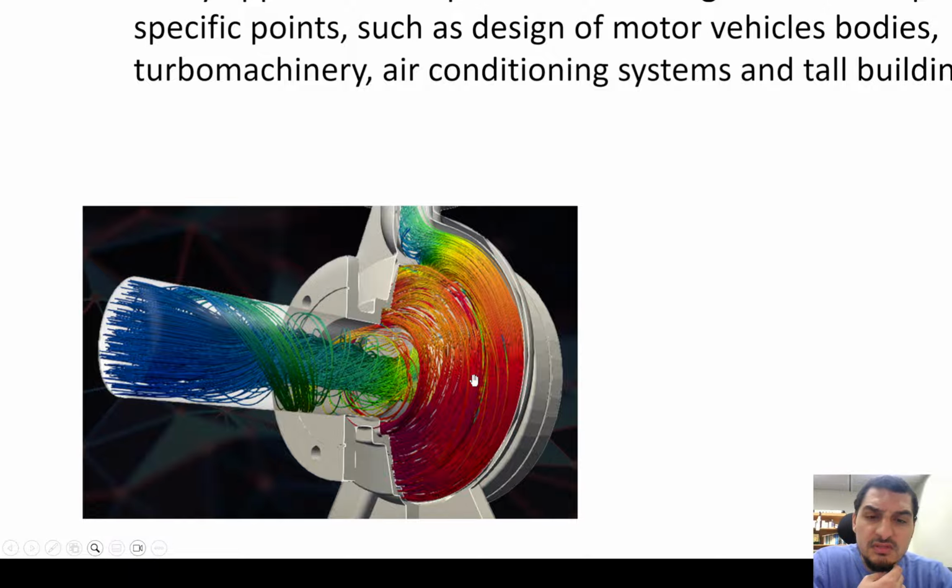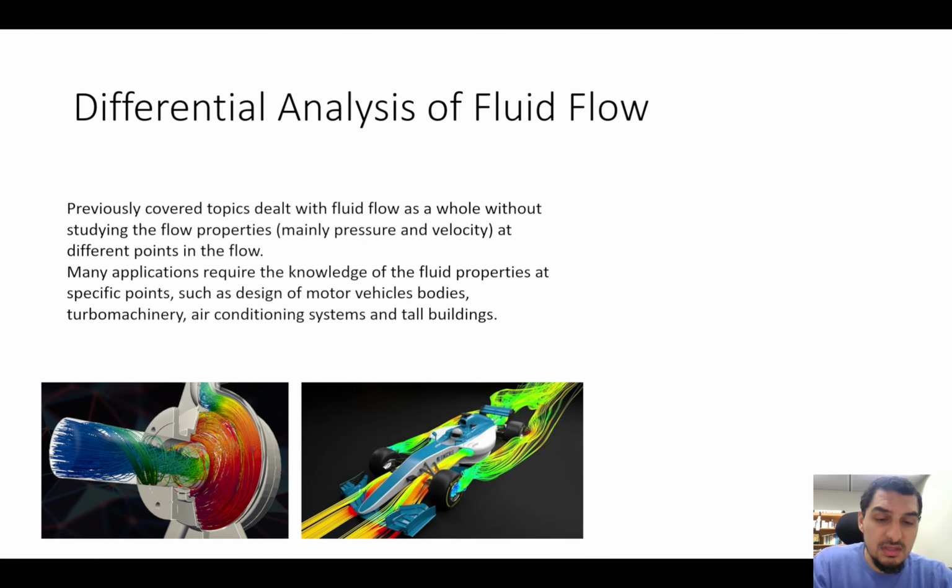And you also need the velocity, because this will let you know how much friction will happen, and what material can be used to withstand this friction. So you cannot use the Bernoulli equation in this case. You cannot use the simple form of the continuity equation that we used before. You need to know the pressure and the velocity at specific points in the flow, and this is something that these equations cannot help with.